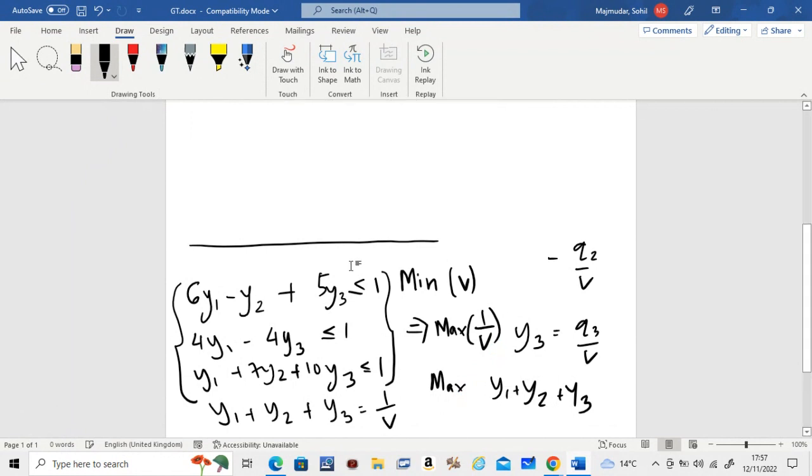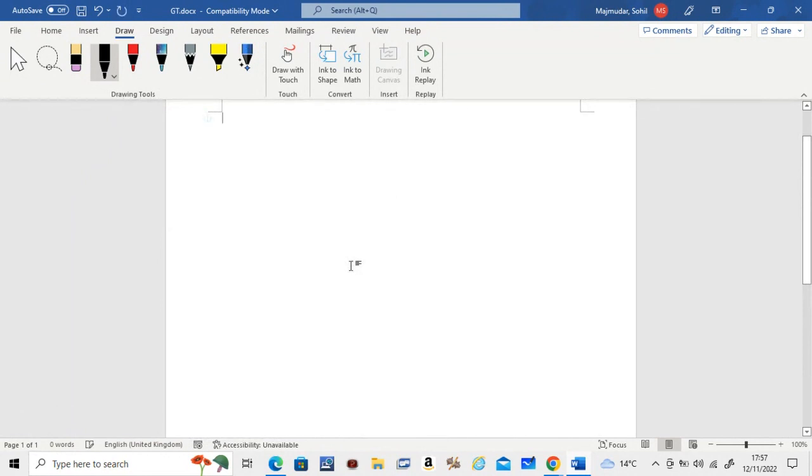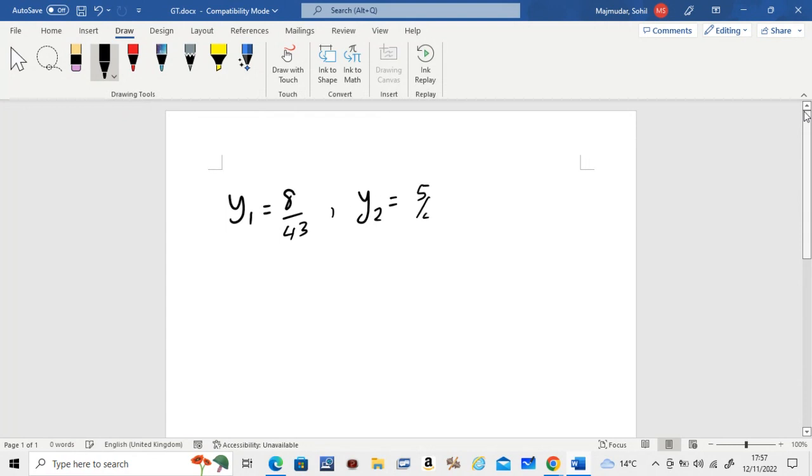And once you solve the linear programming problem, you will get the value of y1 to be 8 over 43. You'll get the value of y2 to be 5 over 43. And you'll get the value of y3 to be 0.